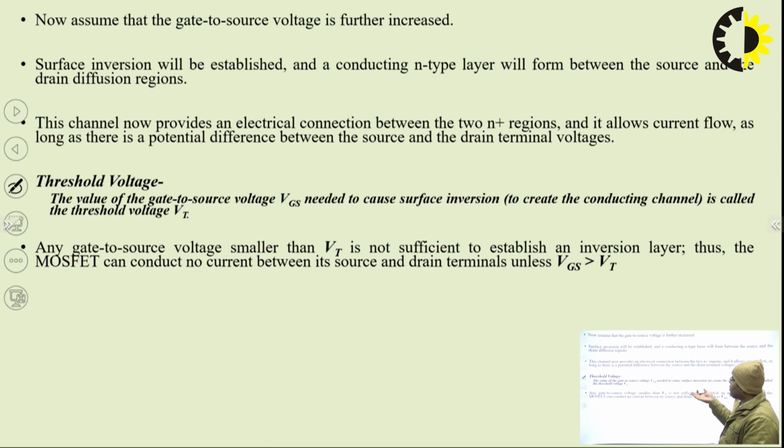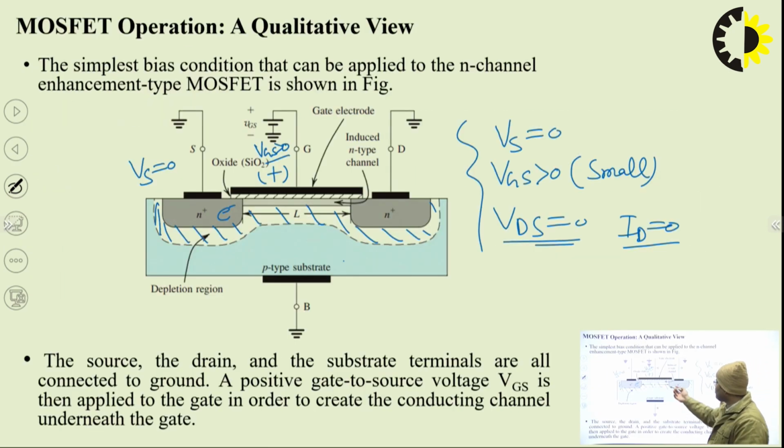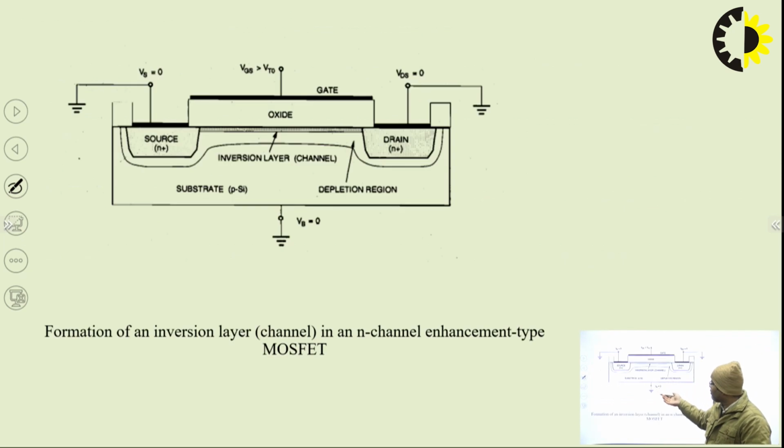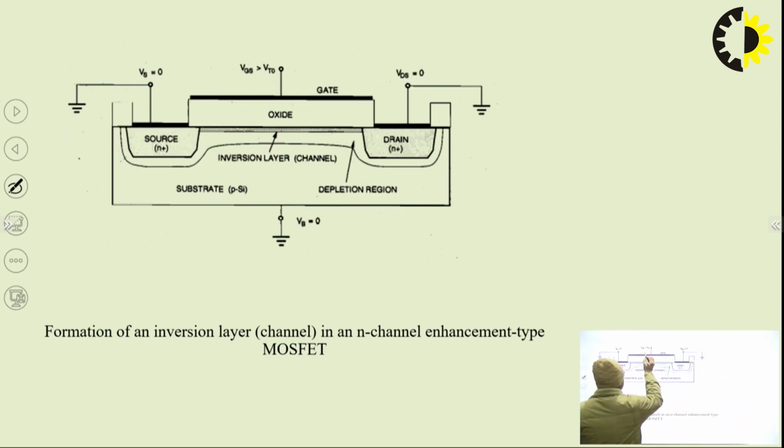As we increase this positive gate voltage, some electrons will also be attracted above. In this diagram, we have increased the positive gate voltage. By increasing the positive gate voltage, the gate will attract electrons from the source as well as electrons from the substrate, and some electrons come onto the silicon dioxide and silicon interface.